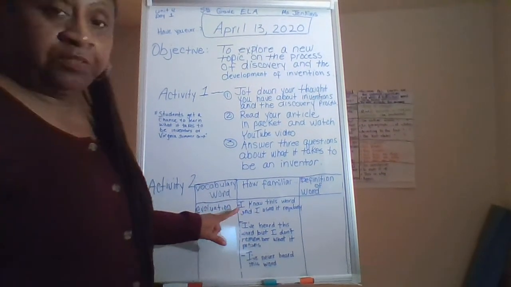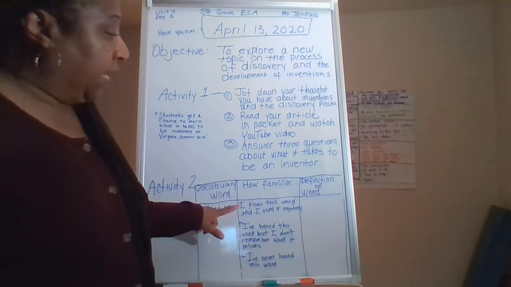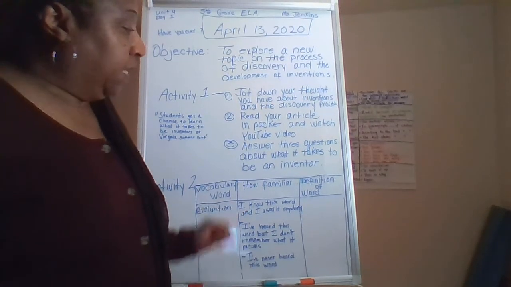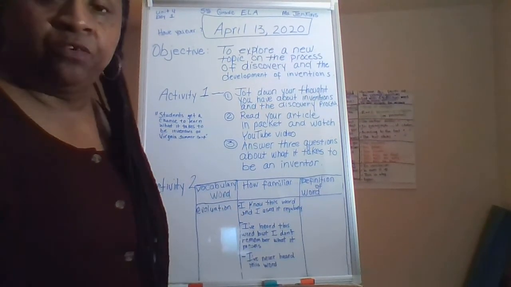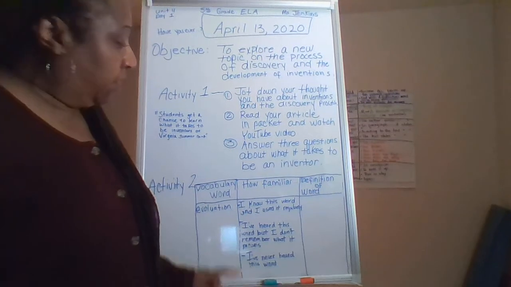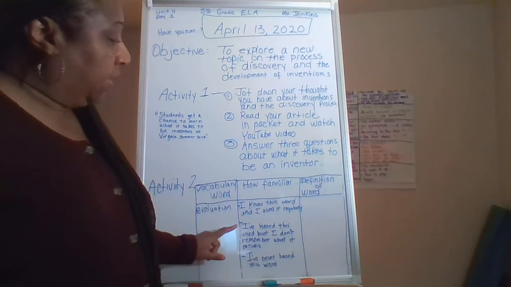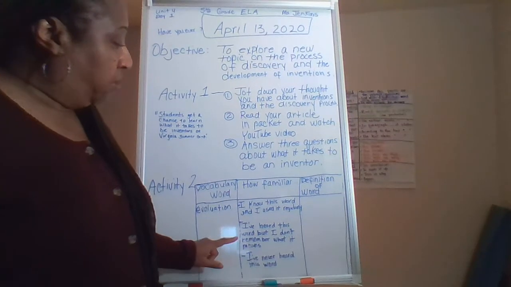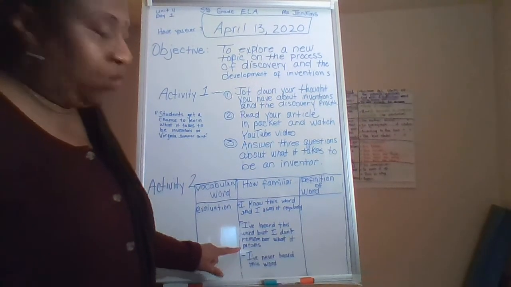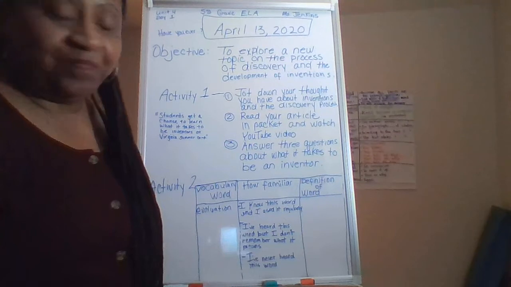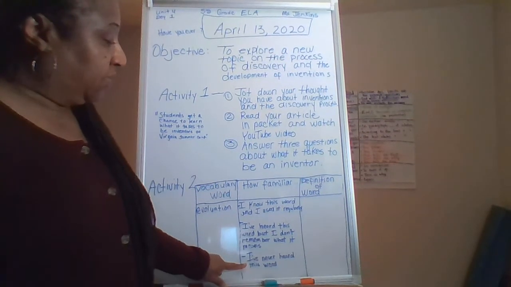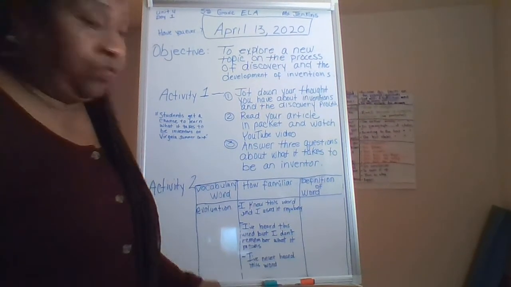The first option says, I know this word and I use it regularly. The second option says, I've heard this word, but I don't remember what it means. Okay? And the last option says, I've never heard this word.